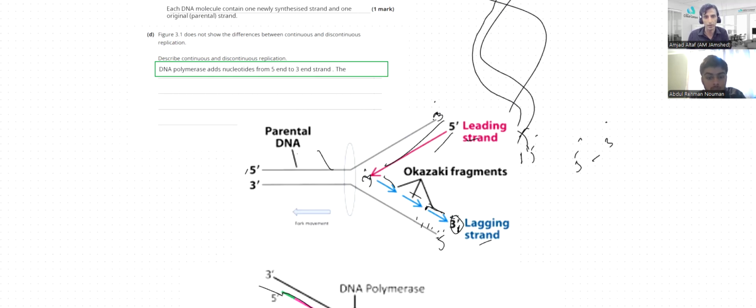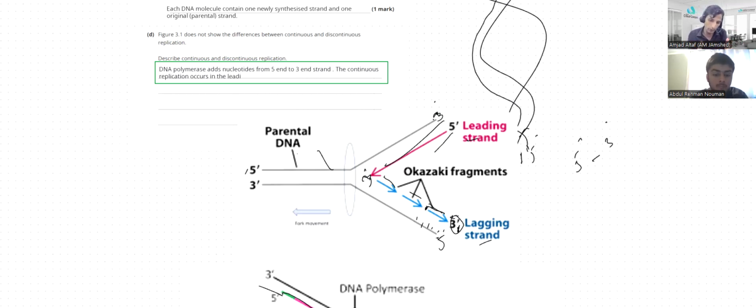I can say here, the continuous replication occurs on the leading strand, where DNA polymerase can add nucleotides in the same direction as the replication fork is moving. The replication fork is the point where replication actually starts. So it proceeds smoothly and without interruption because the DNA polymerase follows the unwinding strand.